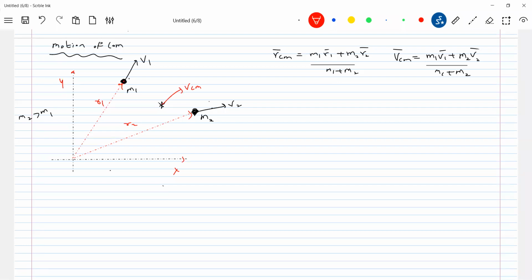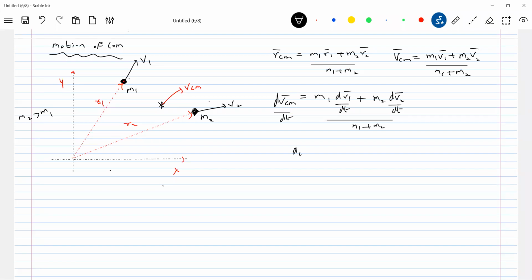Due to some force acting on the particles, the velocities of the particles are going to change. Differentiating, we get (m1 dv1 by dt plus m2 dv2 by dt) by (m1 plus m2). Correspondingly, the velocity of center of mass is also going to change.